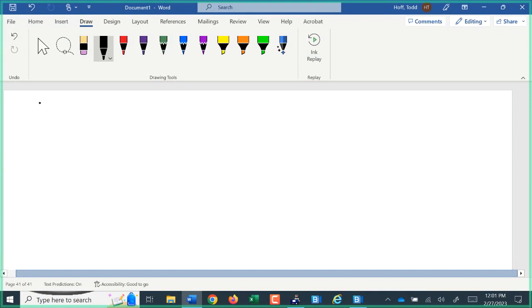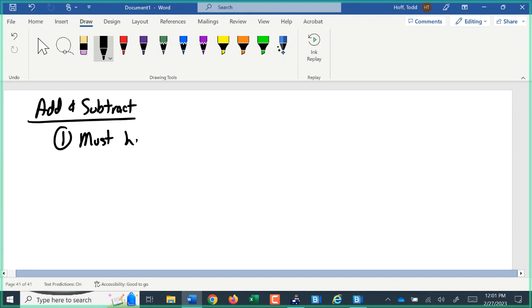So to review, let's talk about adding and subtracting numbers before we get into our scientific notation. When we add or subtract, the big thing was we must have the same name.